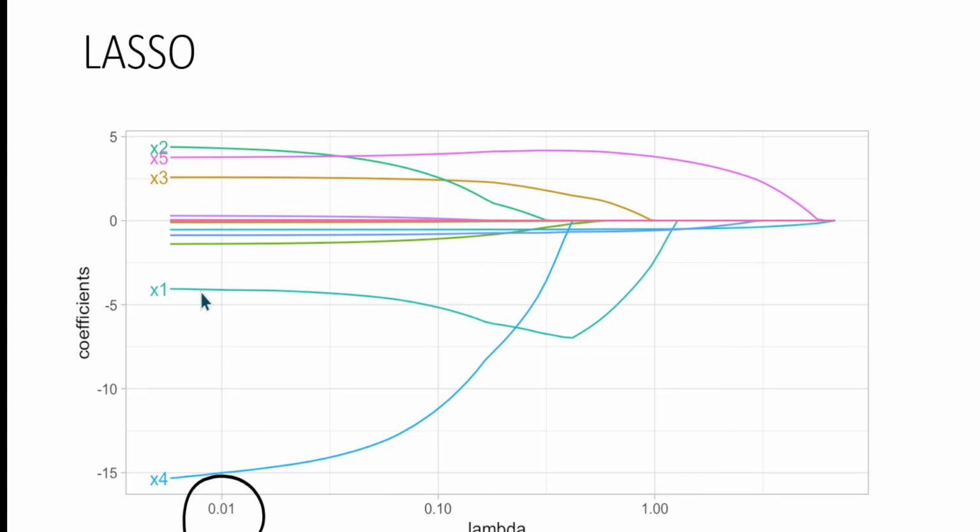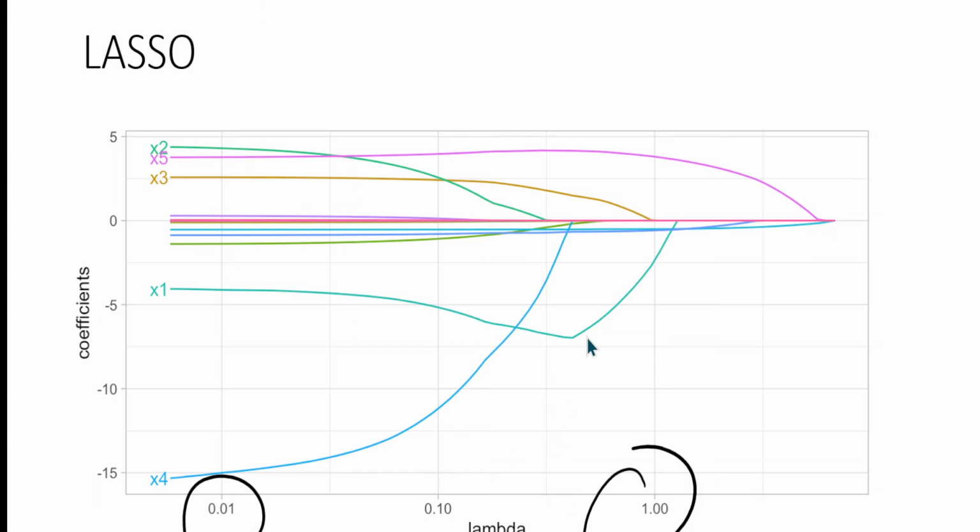Then you go somewhere here, maybe 0.05, when lambda is 0.05. That means all of the variables are still there, but some are really approaching zero.